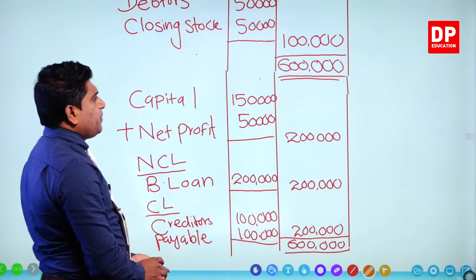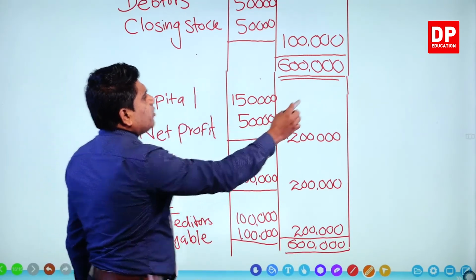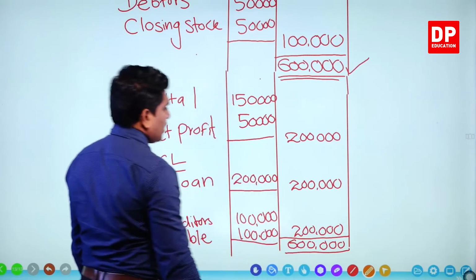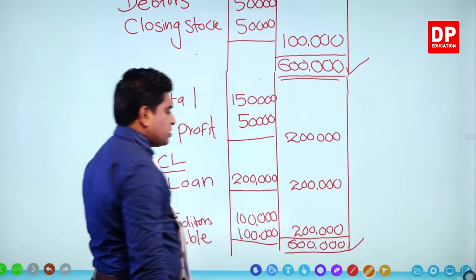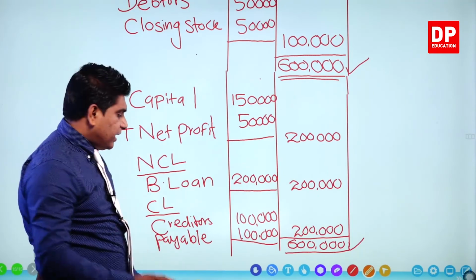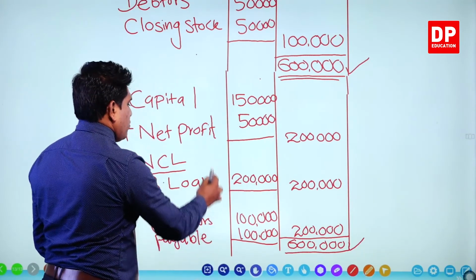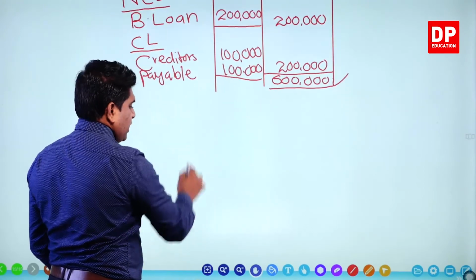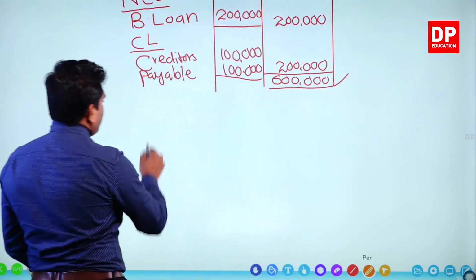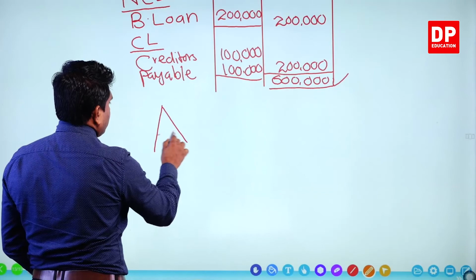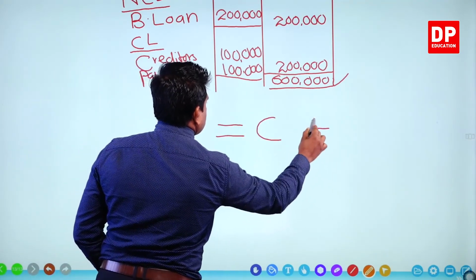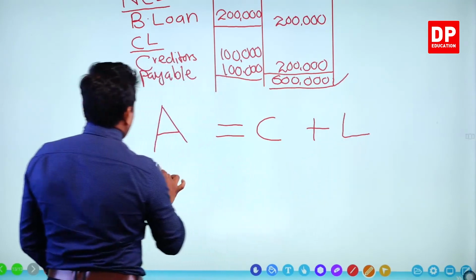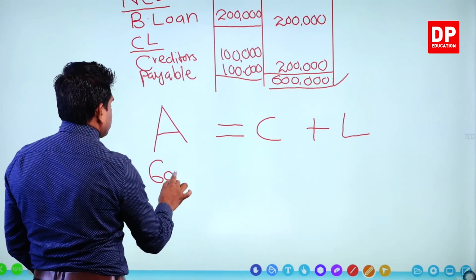Now you see here, under the assets area you got 600,000. Under the capital and liability area you got the same value, 600,000. The theory again you remember, this is the theory. What is the theory? Total assets of the business should be equal to capital plus liability. Total assets 600,000.